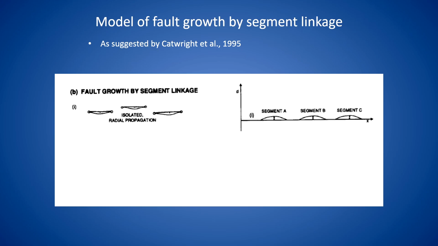The fold will grow with radial propagation, and this is the plan view which has been shown, and this side is the sectional view. If there are different segments, the fault also develops or moves in different segments. You have three segments here.